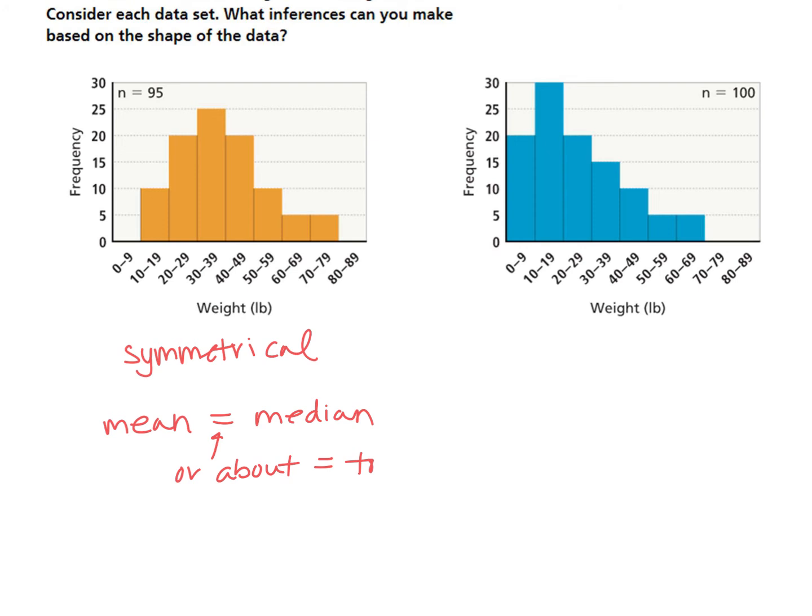The histogram on the right, because the tail of the histogram is off on the right, this is what a skewed right shape is. So when a histogram is skewed to the right, that means that the mean is going to be greater than the median.